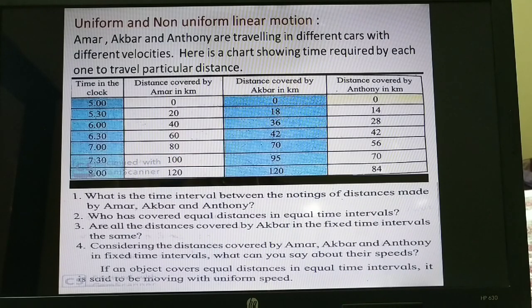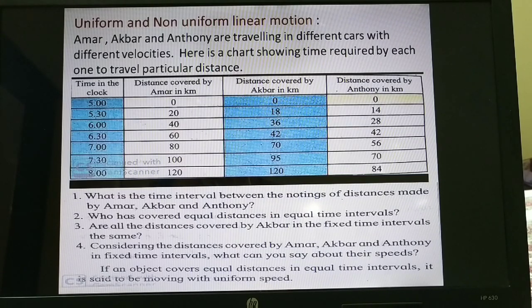Akbar managed to reach 120 km at 8 o'clock, but in between he changed his speed. And Amar also managed to reach 120 km at 8 o'clock, but keeping his speed the same throughout his journey. So what difference could you find here?